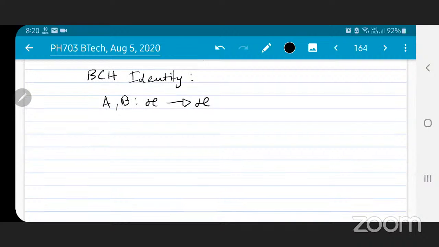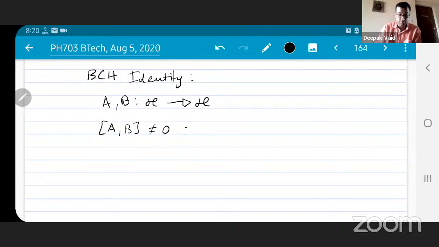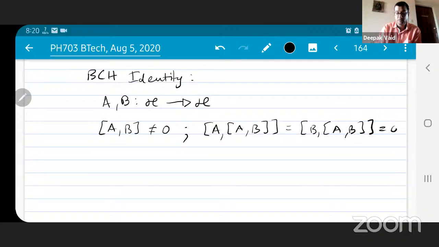If you have two operators such that the commutator of A and B is not zero, but this and also this are both zero.